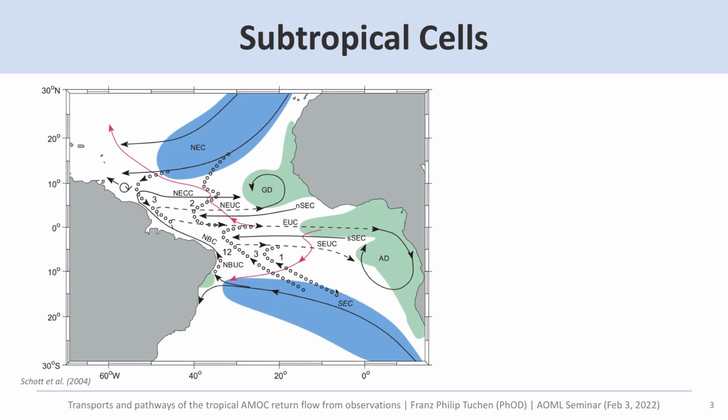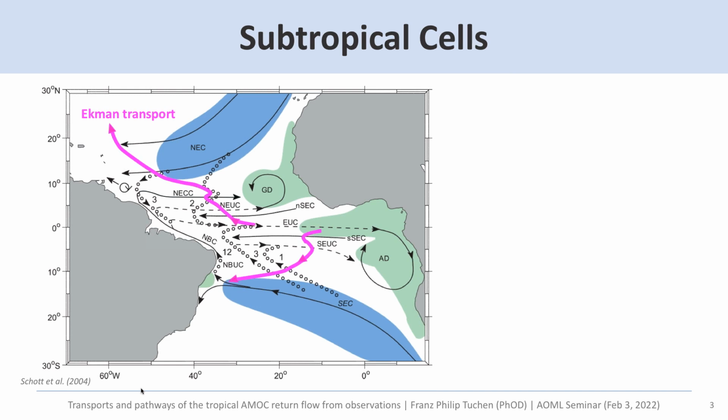This is also probably one of the most famous schematics of the subtropical cells, going back to a review paper from Schott et al. in 2004. And just showing you basically what I've shown you before, but now in a more horizontal way.